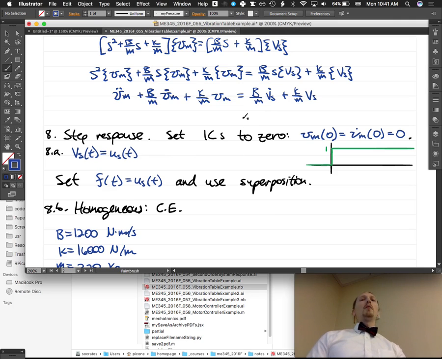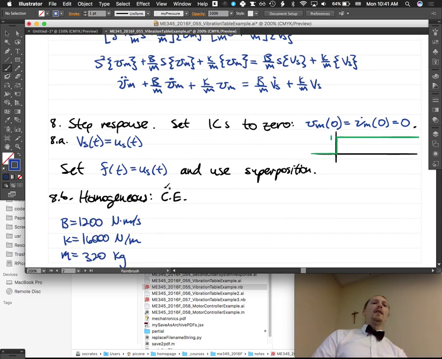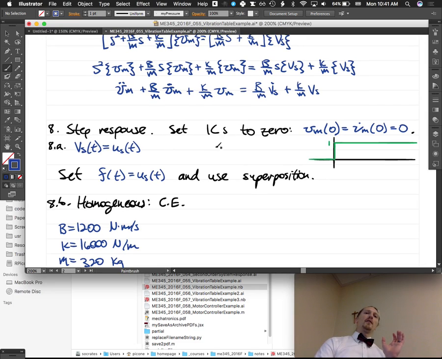Yeah, so we'll get there. You know what we'll do? Why don't we solve it for the unit step to start. We'll find what the output is for unit step input, and then we'll actually do the superposition stuff, and I think it'll become a little bit more clear at that point. I was hoping we'd be able to see to the end here, but at least we can look forward.